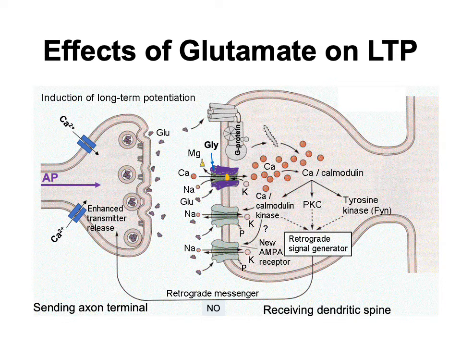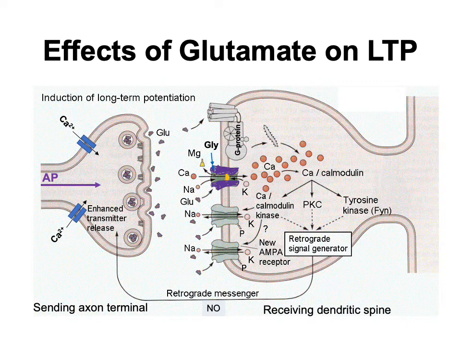So the action of the AMPA receptors is necessary to facilitate the opening of the NMDA receptors, to allow the calcium in. And remember that these NMDA receptors require glycine as well.